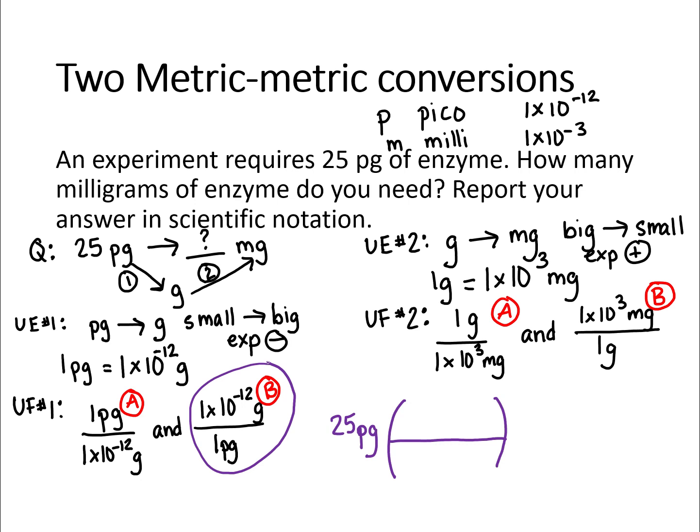Why are we using B? What is it about the unit factor in B that makes it different? It cancels out the picograms. Good. It's easy to just choose A or B. We want to make sure that we're doing it for the right reason.